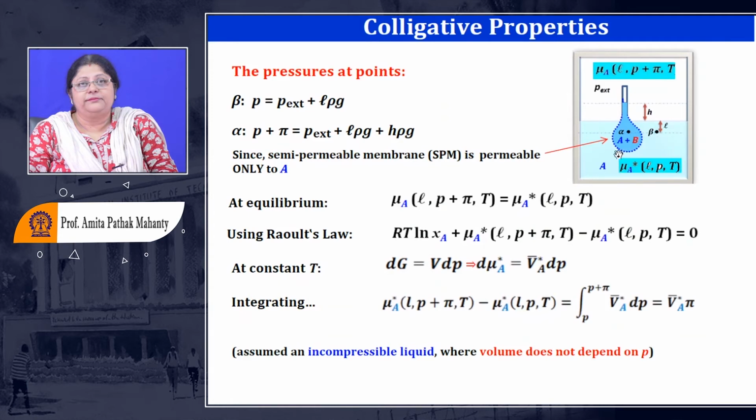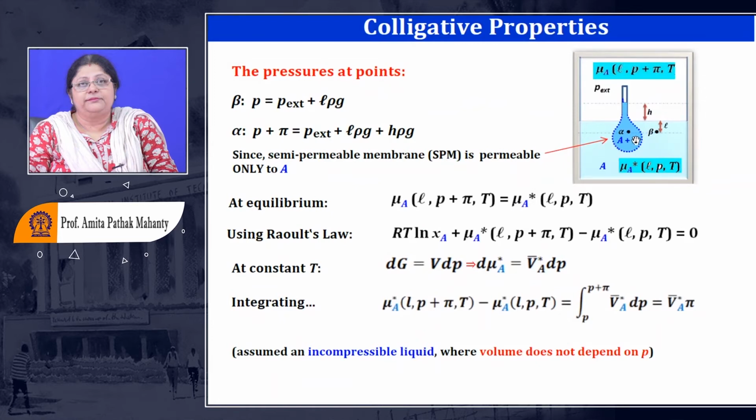So the condition where the equilibrium is going to be established is at a point, say alpha, and the same level point beta, at the same height we have maintained. What we are looking into is that the chemical potential in this will be equal to the chemical potential of the species on this side. And what is that going to be?